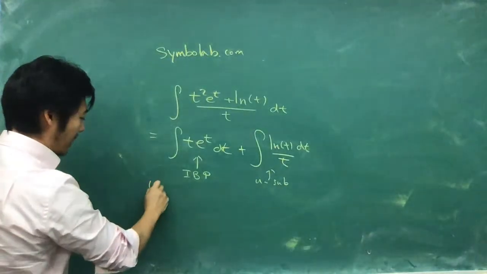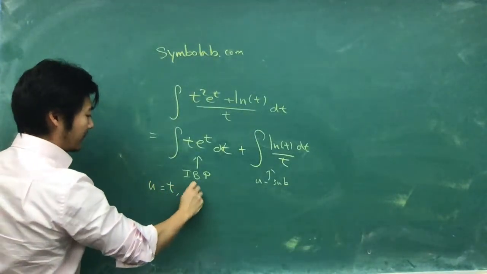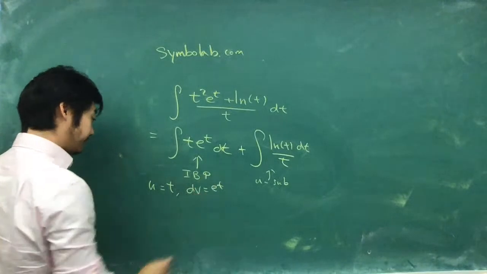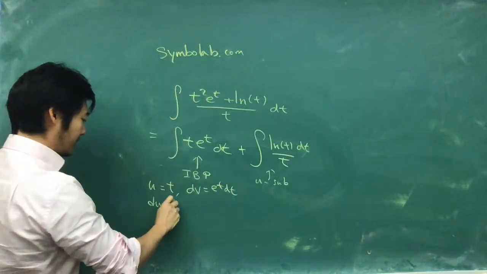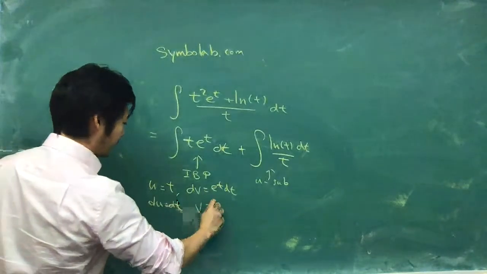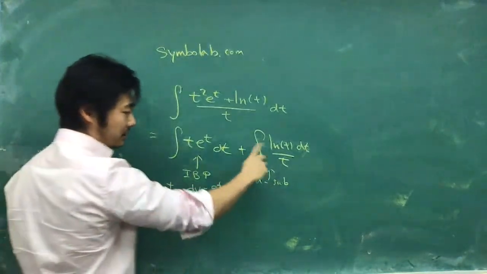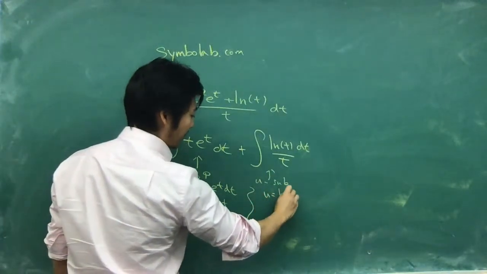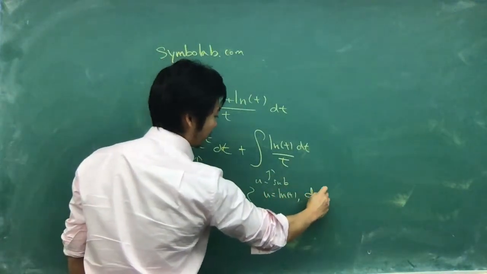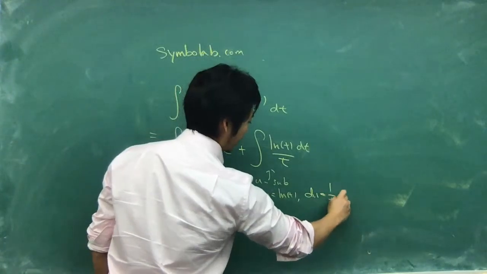For this one, you have u equals t, dv is e to the t dt, and du equals dt, and v equals e to the t. And over here, you would let u equal natural log of t, then du is 1 over t dt.